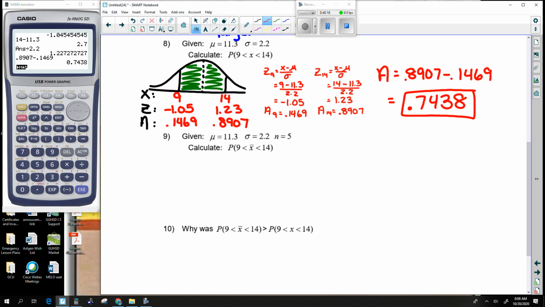Number 9 is pretty much the same question. However, you have to get a new standard deviation before you get that going. So the standard deviation in this case is sigma divided by the root of n. So in this situation, that's 2.2 divided by the root of 5.